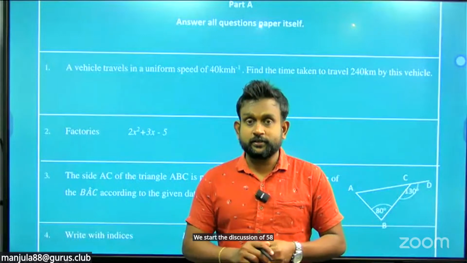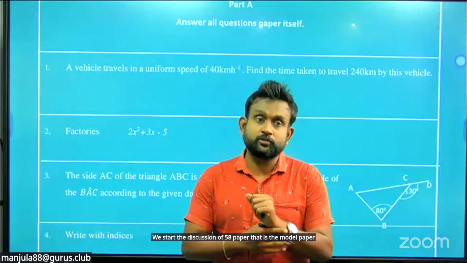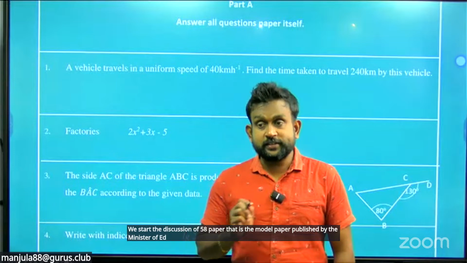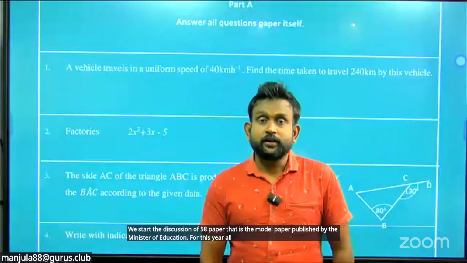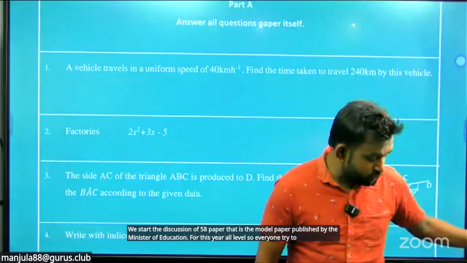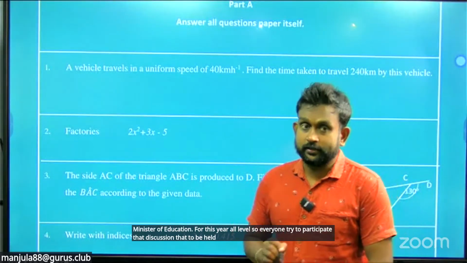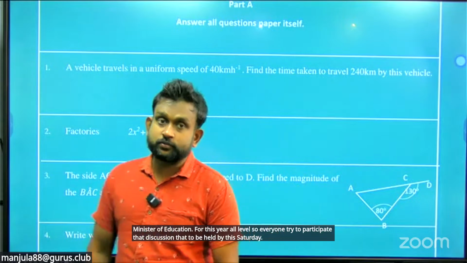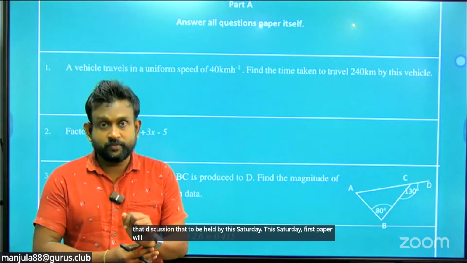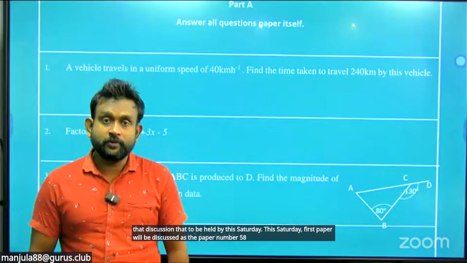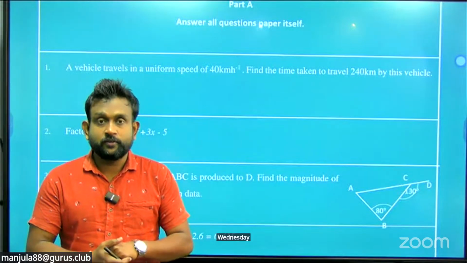That is the model paper published by the Ministry of Education for this year's O level. Everyone try to participate in the discussion to be held this Saturday. On Saturday, the first paper discussed will be paper number 58, then on Wednesday paper number 59.